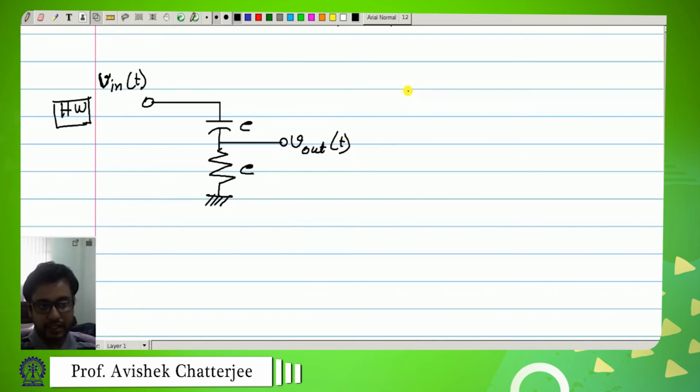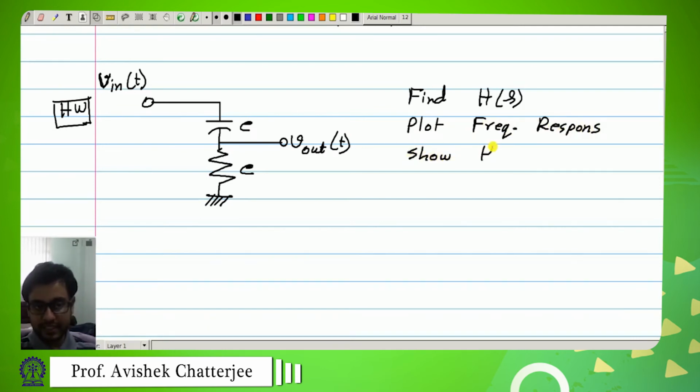Your task is to find the transfer function H(s), then plot the frequency response, and show that this is a high pass filter. It is a high pass filter. Okay, great.